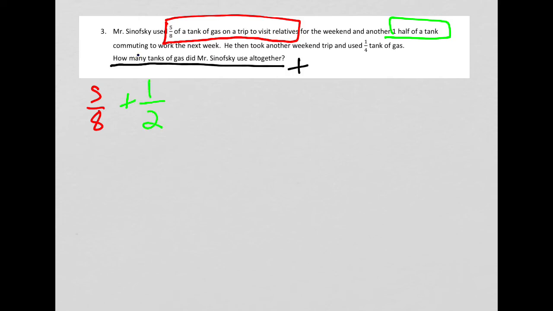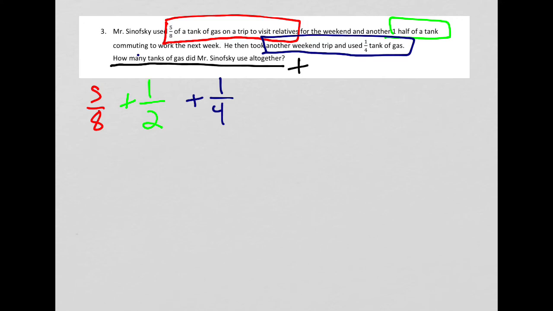And then another weekend trip to use another 1/4 tank of gas. So we have 3 fractions here that we need to figure out and add together, because they're asking how much gas did he use altogether from these 3 pieces.